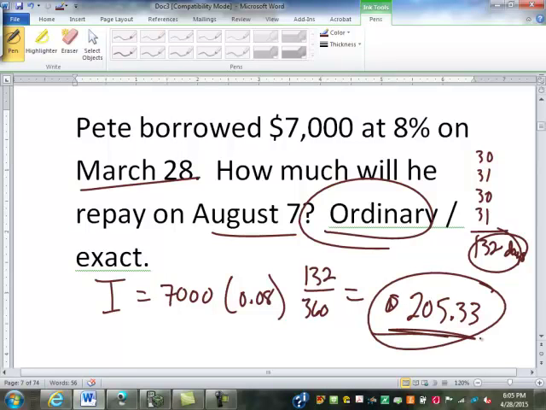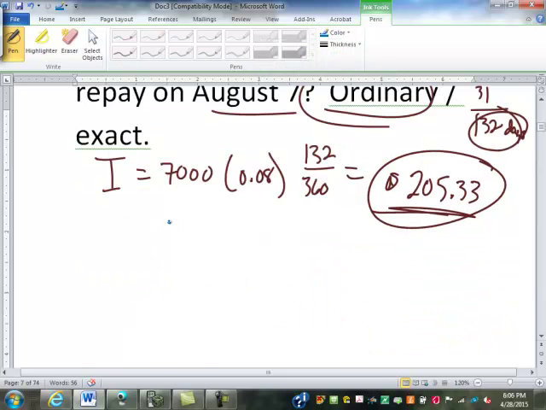Now, do they want the interest or do they want the amount paid back? Paid back. So it'd be the 7,000 plus that, equals $7,205.33.